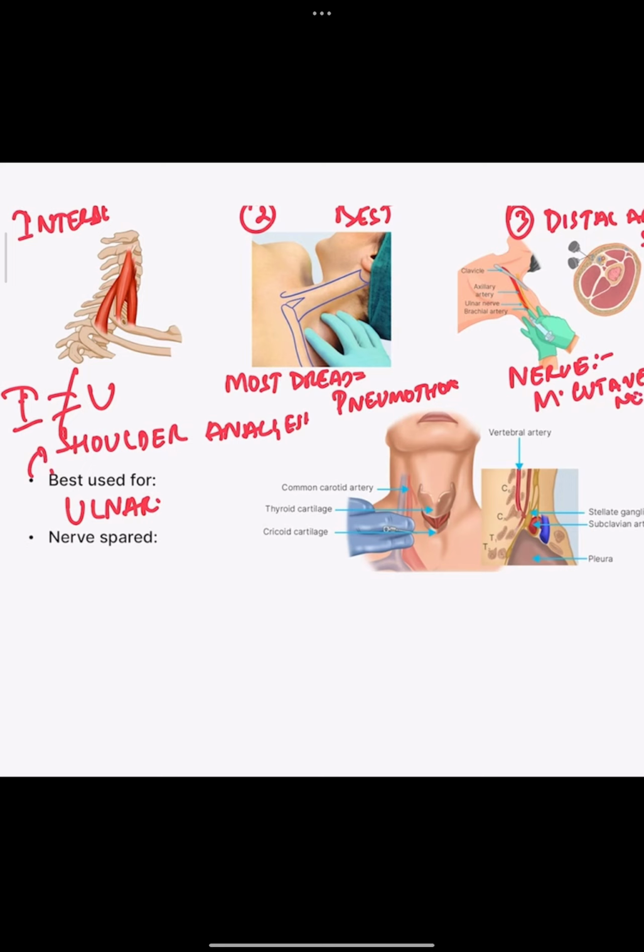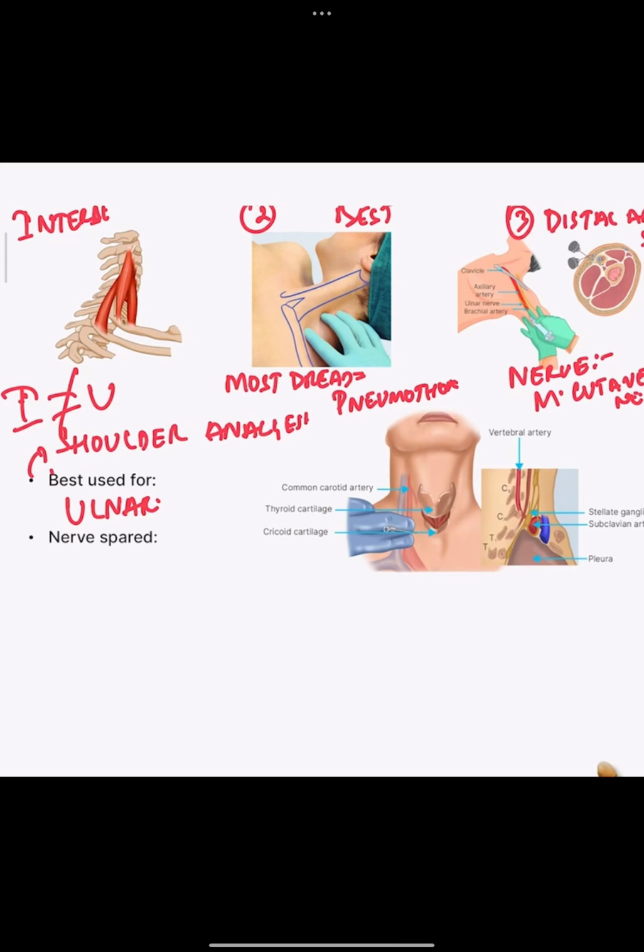Next is what? Stellate ganglion block. Stellate ganglion, why do we need to block? Remember, the brachial plexus you are blocking basically for upper limb fractures, trigger finger release, or any upper limb surgeries, or shoulder arthroscopies. Why are you going for a stellate ganglion block? Whenever there is sympathetic overactivity, you can block the stellate ganglion.